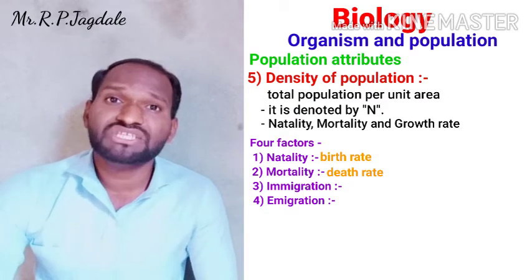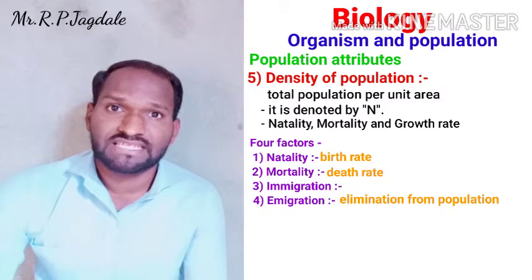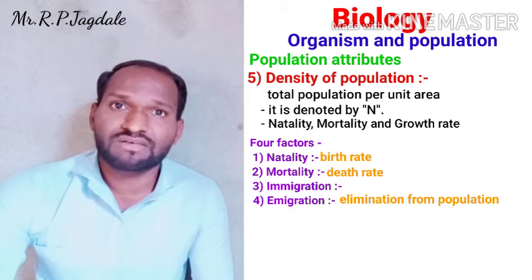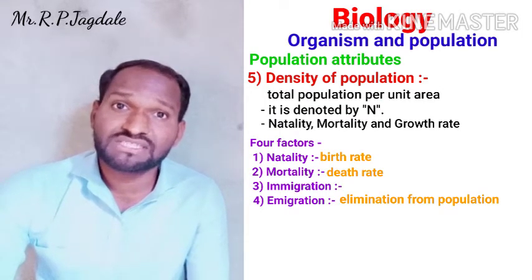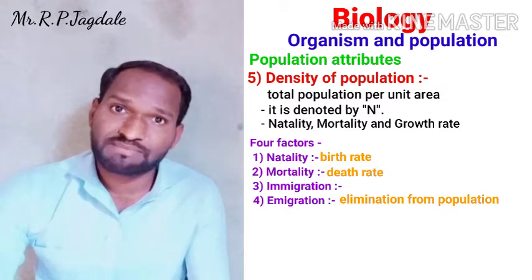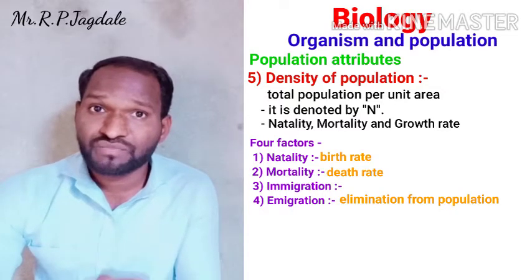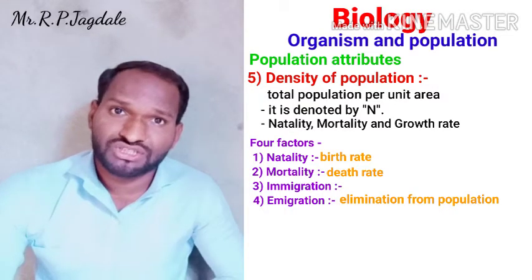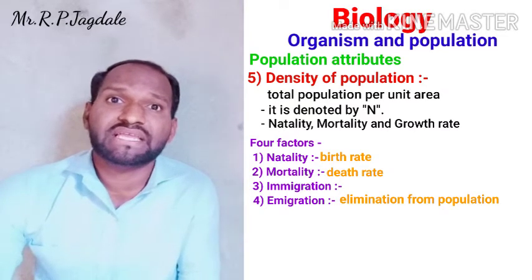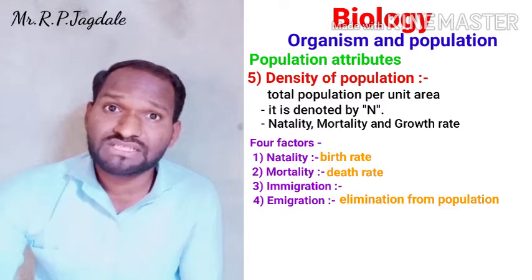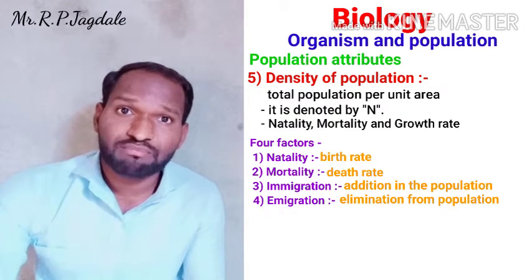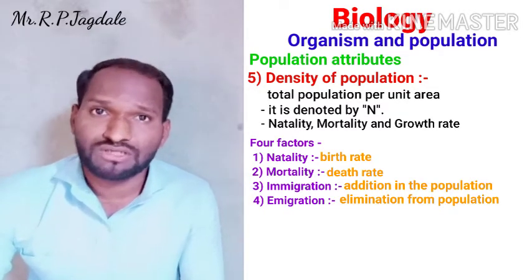Emigration means elimination of the population takes place. In the village, emigration takes place, meaning the people are leaving that population. At the same time, the people are added to the city population. In the city, the population is going to increase. So here immigration takes place. So immigration means people adding to the initial population, and emigration means people leaving the initial population.